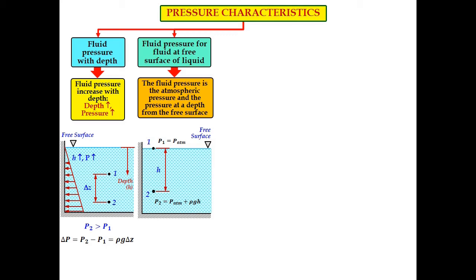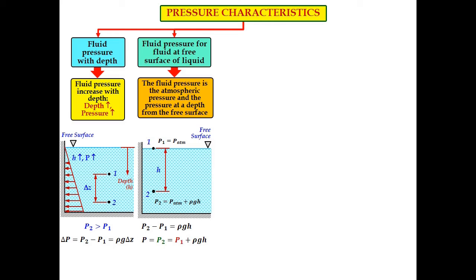Okay, so at the beginning we have the pressure difference between these 2 points, P2 minus P1 equal to rho g h. And for the liquid at a specific point that has a free surface, P2 equals P1 plus rho g h.